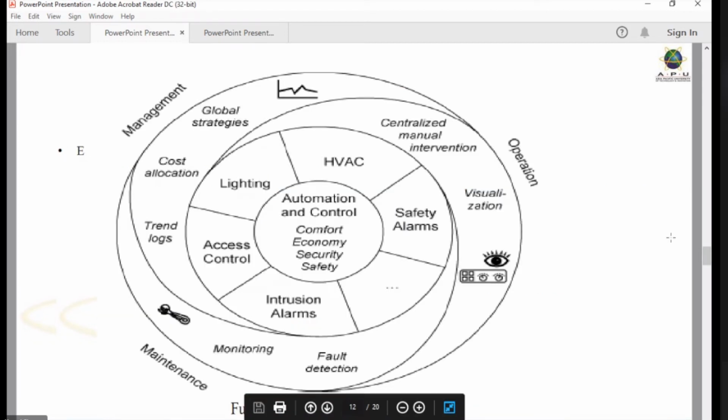So you can see here in this figure there is management, maintenance, okay, operation, three different aspects of BMS. So management is related to global strategies, cost allocation, trends, and then maintenance is related to monitoring and fault detection, and then operation is related to centralized manual intervention or visualization.